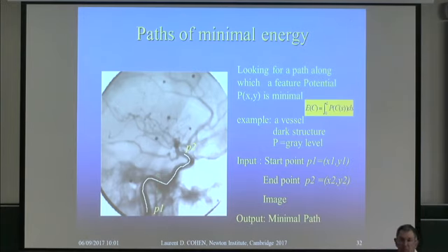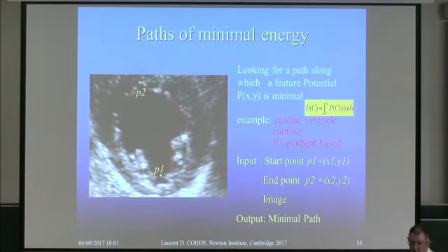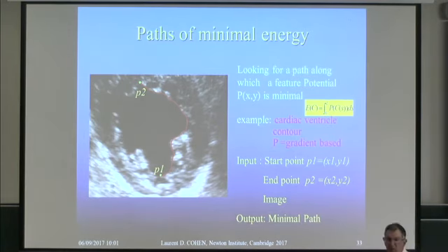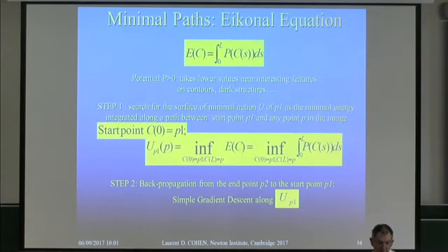This is not limited to linear structures, but can also be used for contours, where the potential P, as in usual active contours, is based on the gradient, so the path will follow the contours of a region. So the idea was to interpret the energy as a length.